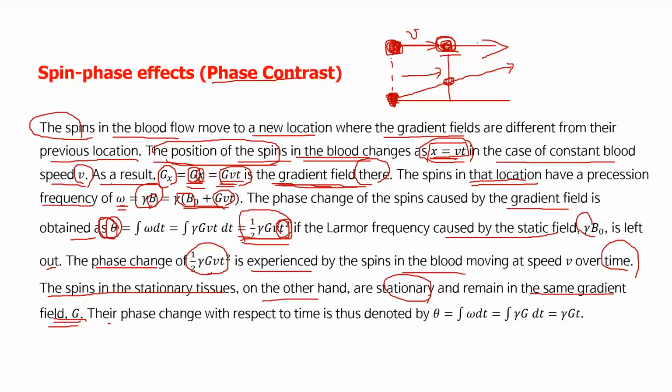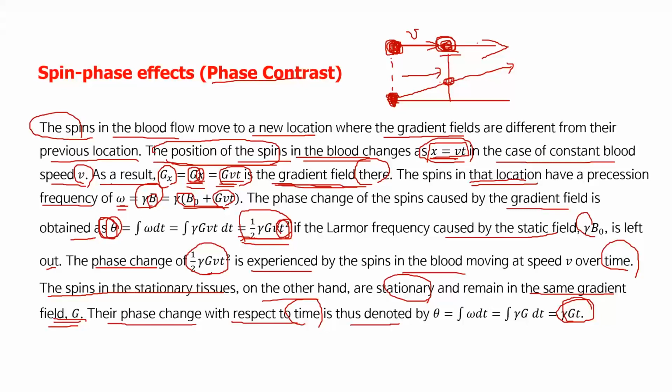Therefore, their phase change with respect to time t is denoted by gamma gt. So here we can see the difference between flowing blood and stationary tissue in the phase change.